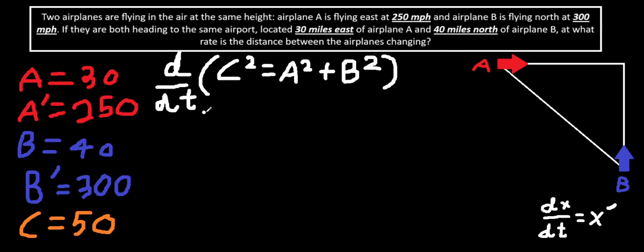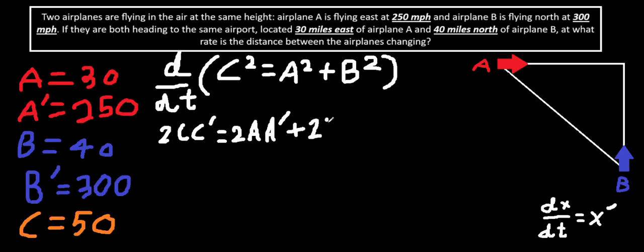And what you should get is 2c times c prime equals 2a times a prime plus 2b times b prime.